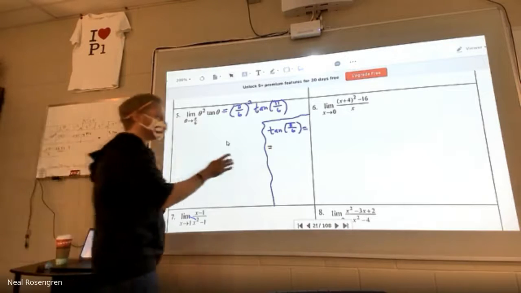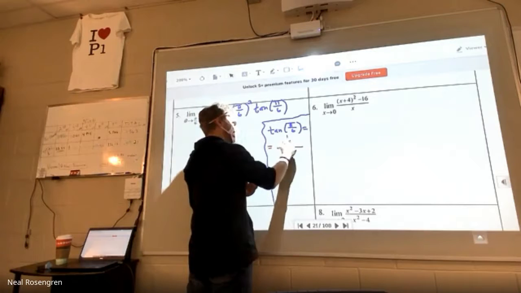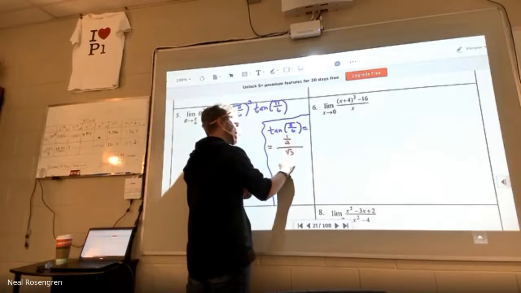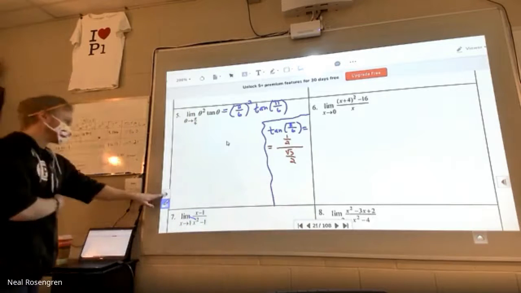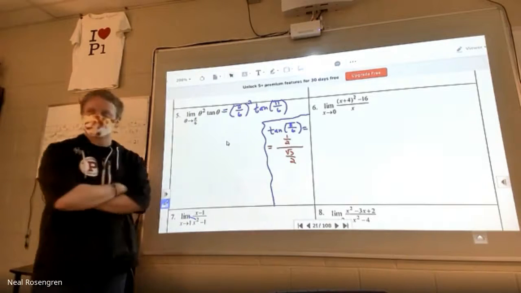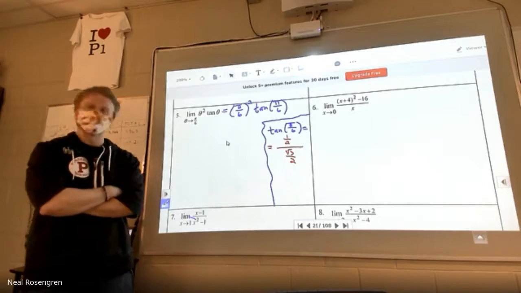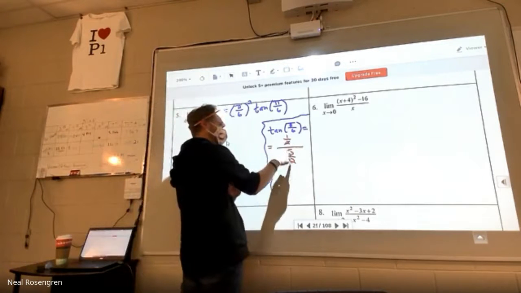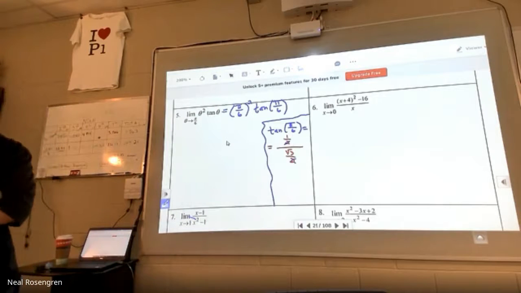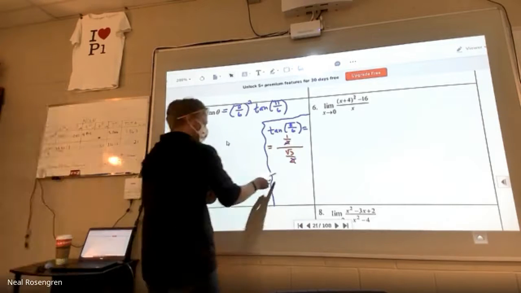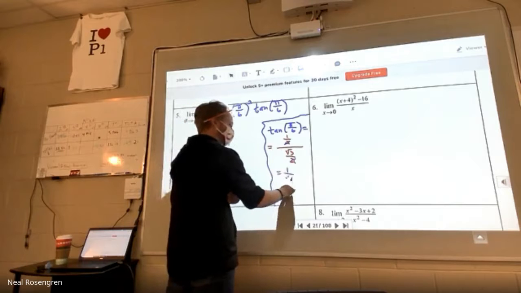And if I look at my unit circle, what I see is that y at that spot is 1/2 and x at that spot is radical 3 over 2. And you're just going to have to simplify this out and see what we get. Two fractions within a fraction, so a complex fraction, but they have the same denominator, so at least I can divide that away. So I get 1 over radical 3.